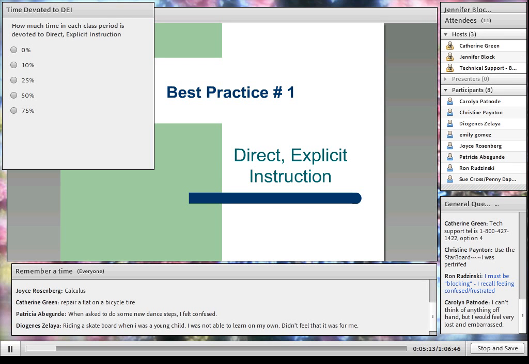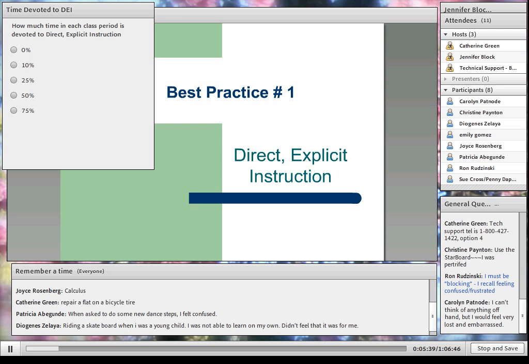I want to just say there's no perfect answer to this question, but as we do this, we want to reflect on our own practice, and if over time we change, this is a good measurement of our change. Well, it was this much now, and now it's this much. And when you think of direct explicit instruction, remember it's not necessarily whole group instruction.